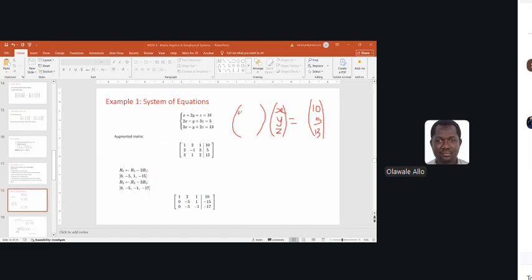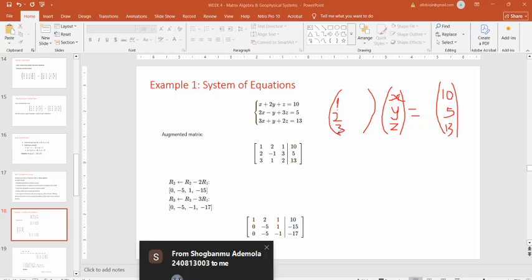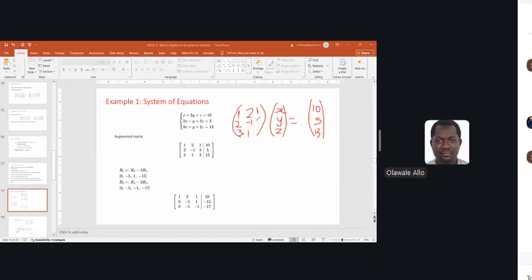Then the coefficients are 1, 2, then 2, minus 1, 1, then 3, and the last one is 2.